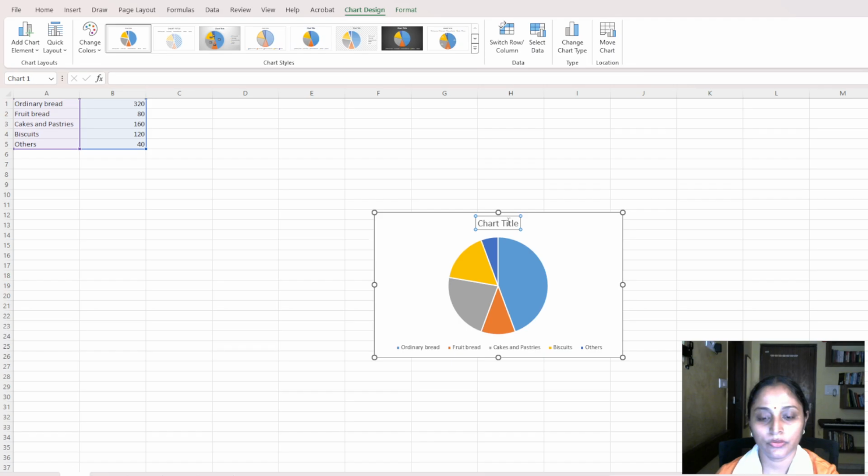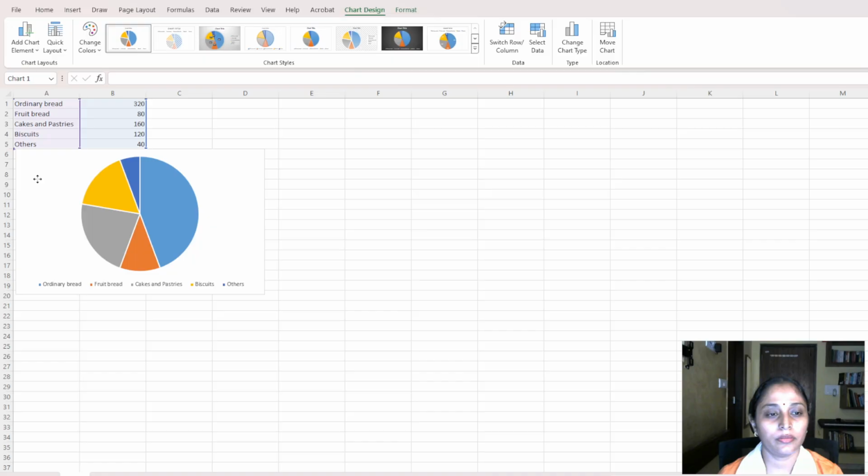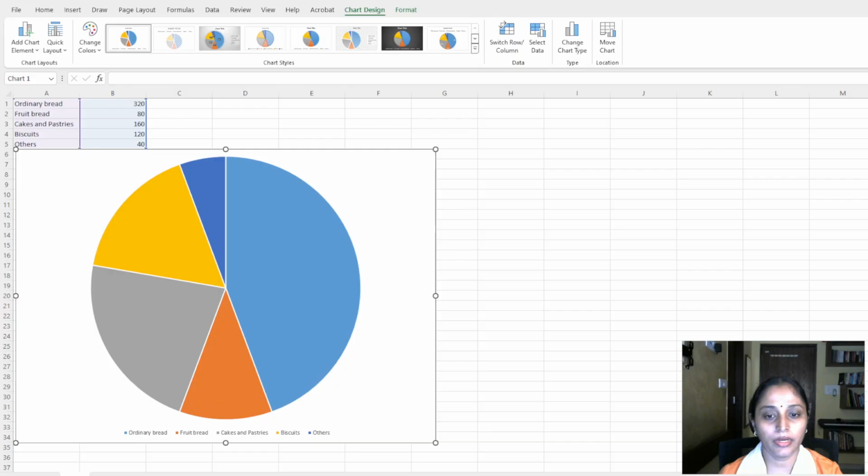So you can see here, this is the pie chart. Here you can see that the blue is the ordinary bread. It is written over here at the bottom, right? So naturally, the maximum sales are in the ordinary bread, which is expected also.